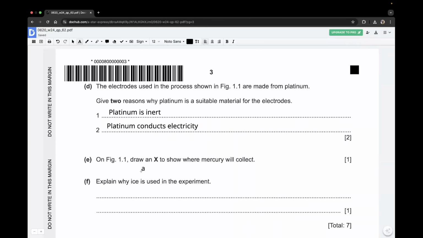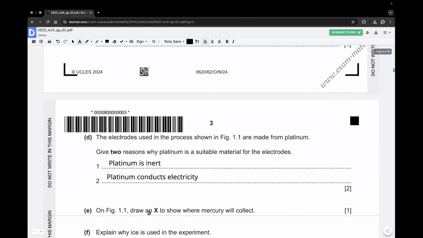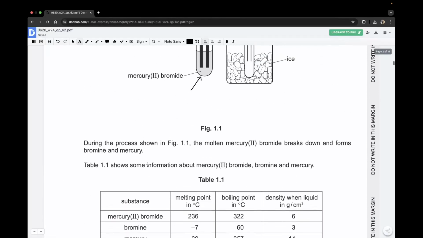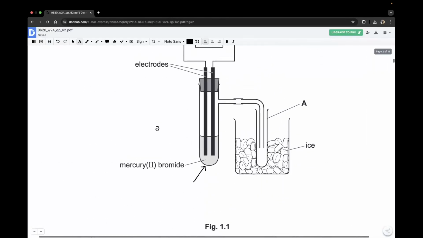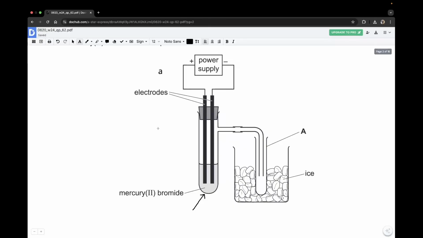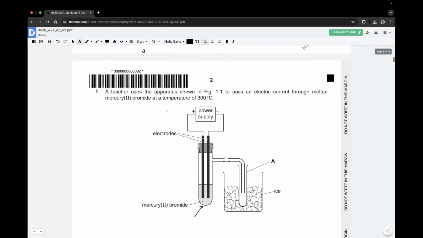And on figure 1.1, draw an X to show where mercury will collect. This tests your knowledge of how electrolysis works. For molten mercury bromide, the product is mercury on one side and bromine on the other side.